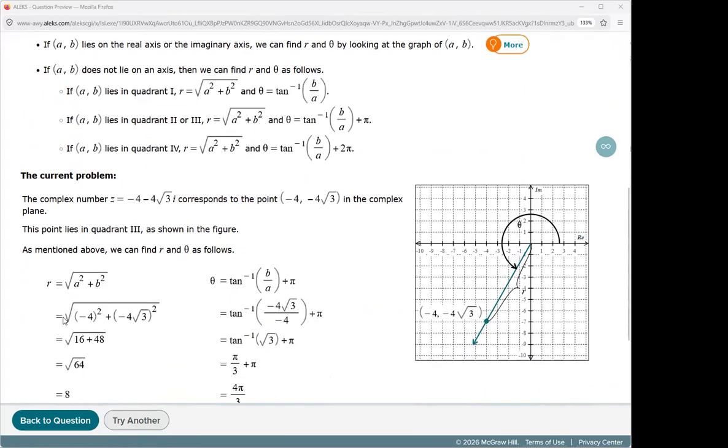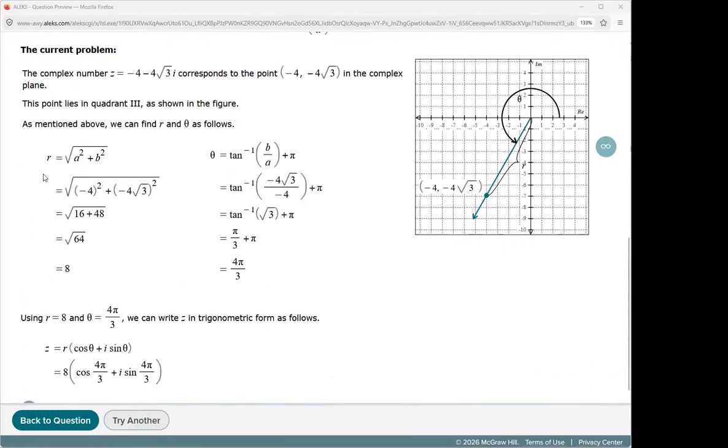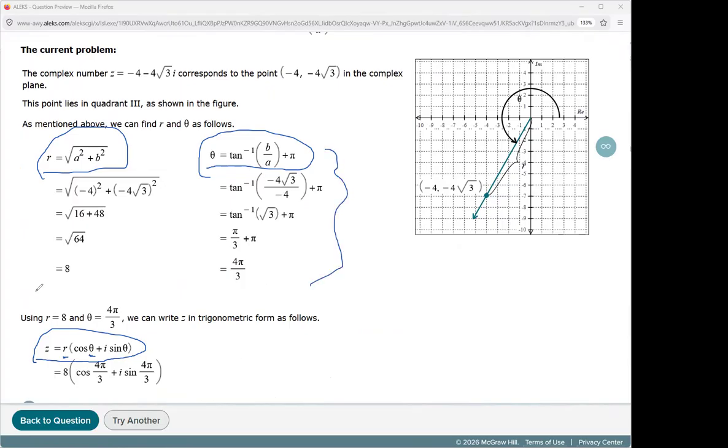The formulas we're going to need are these guys here. This one to get the r and this one to get the theta. Because to get to polar form, we need the r and we need the theta.